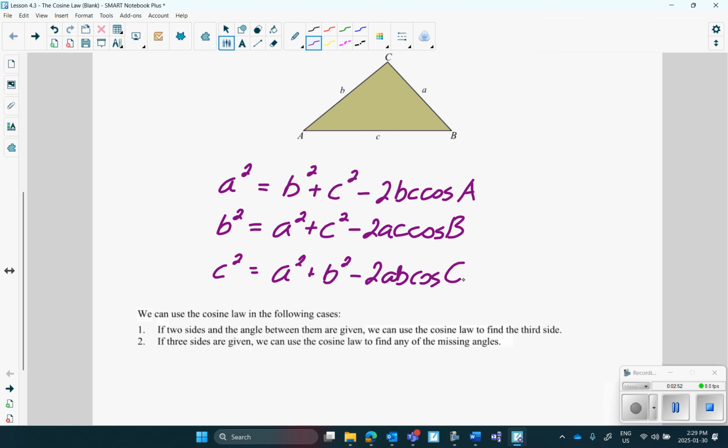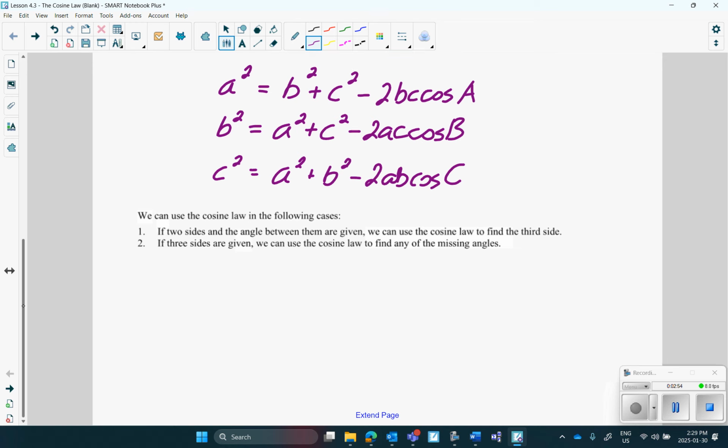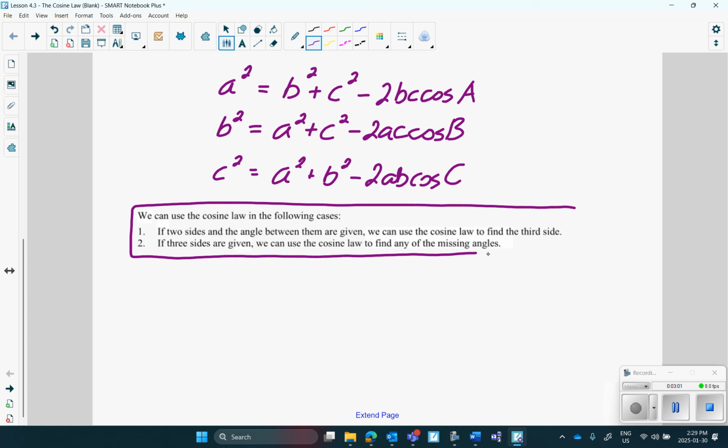This is important because it helps us determine whether to use sine law or cosine law in the question, because you guys are going to reach the point where you'll be given a triangle, you'll be given some information, and you've got to figure out which one to use first. Okay? Cosine law is used twice.